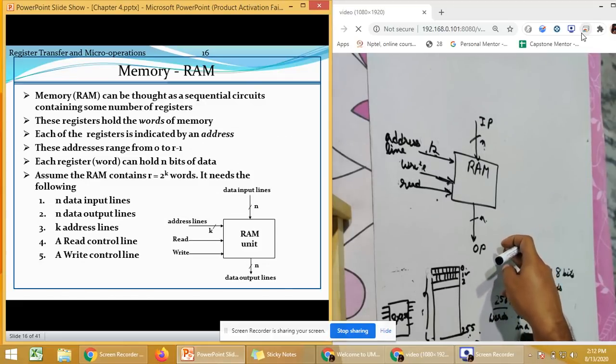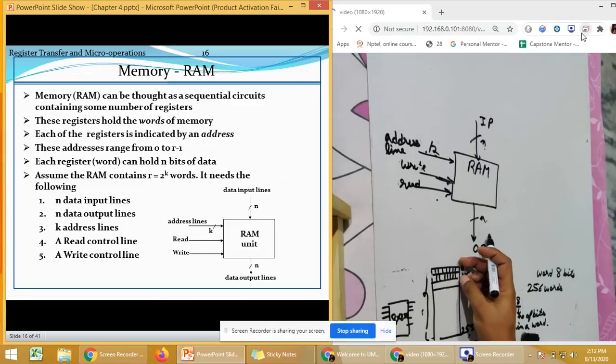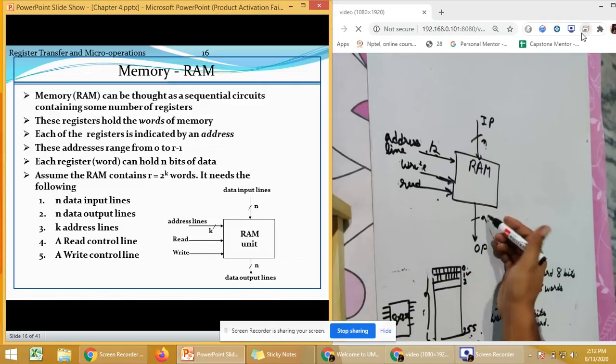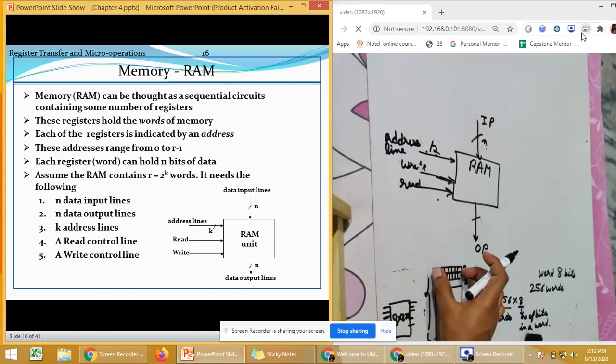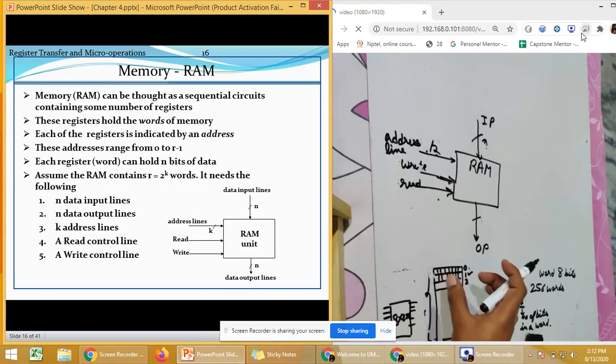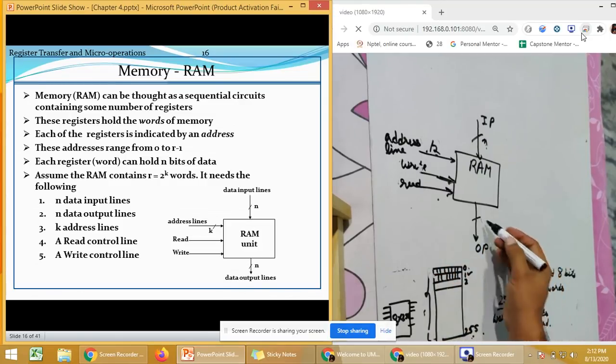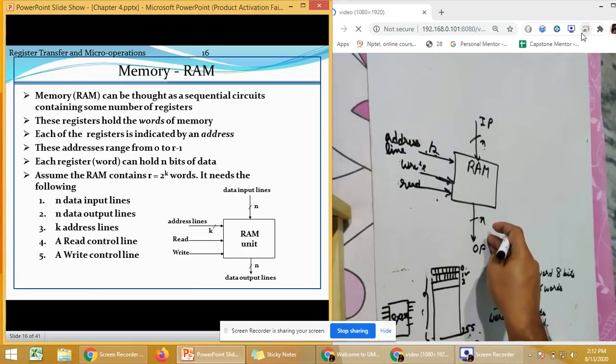Now it might be possible to read or write more lines at one time. Like if your memory is sending two words at one time, then these lines need to be 16, because one word contains 8 bits and it sends out two words at one time, so this n size will increase.